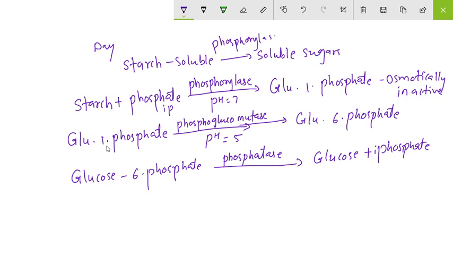But when the glucose 1 phosphate, in presence of the enzyme phosphoglucomutase at pH 5, is converted into glucose 6 phosphate, and this glucose 6 phosphate in presence of the enzyme phosphatase converts into glucose and inorganic phosphate, now this glucose is osmotically active.